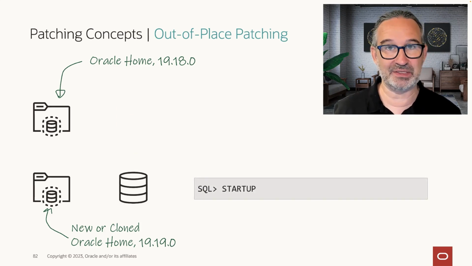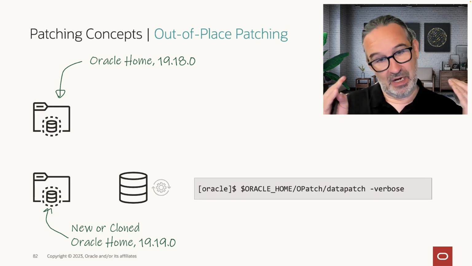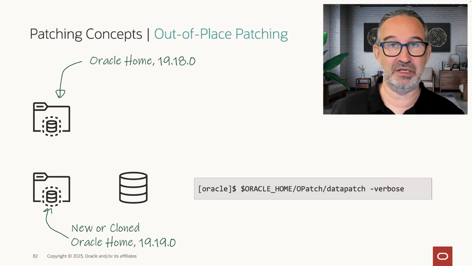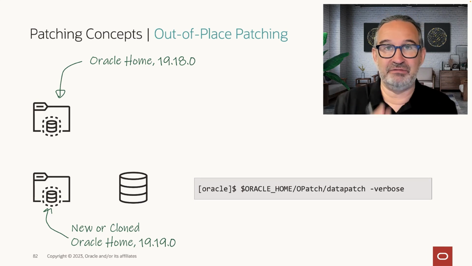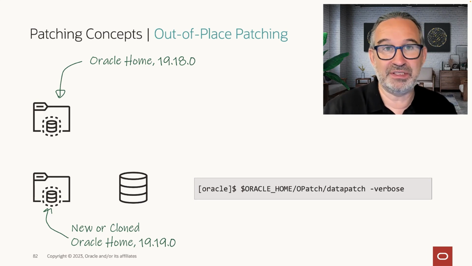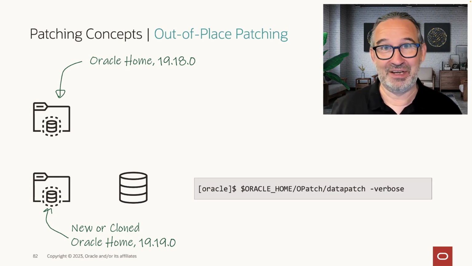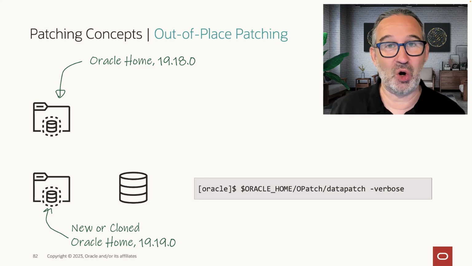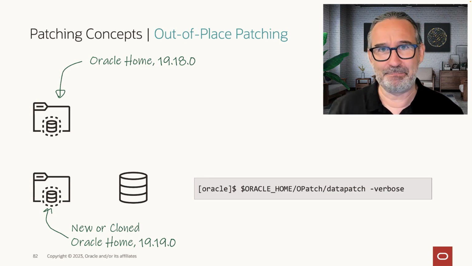And once the database is up and all PDBs are up, I run datapatch -verbose and it does everything for me. And if I need to go back, no problem. I reverse it. I stop my database, I bring it back in the old environment, run datapatch -verbose, and it does the right thing. So the downtime is very little, and I have no risk of sitting there with no Oracle home in the unlikely event of something really going the wrong way. So try to do out-of-place patching.